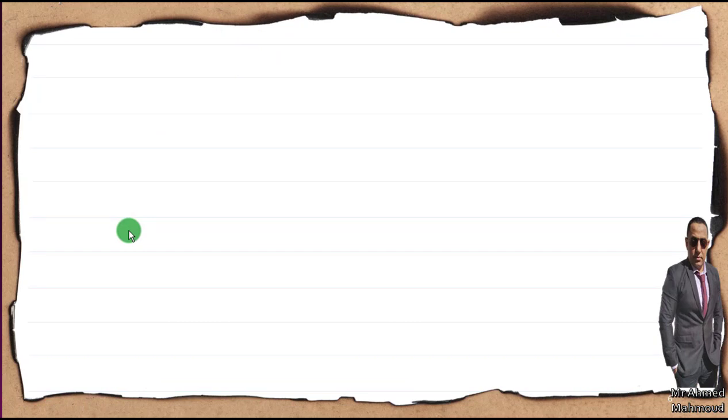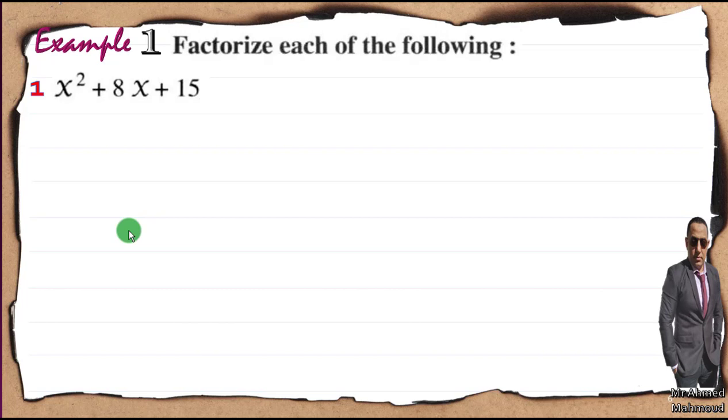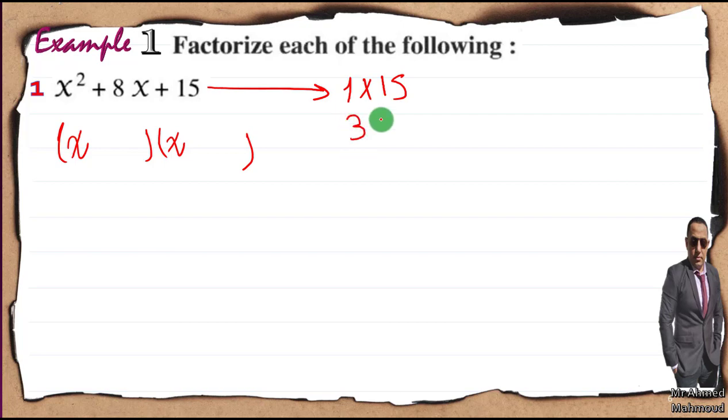The first question is also to factorize. Here it asks: factorize number 1, x power of 2 plus 8x plus 15. First, I'm going to open two brackets like this, with x power of 2 here and here. Now 15 equals 1 times 15 or 3 times 5.